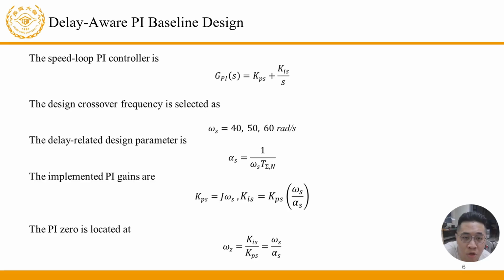One important point is that the PI controller introduces a zero in the system. This zero can help speed up the response, but at the same time, it may cause overshoot when the speed command changes. This is why we later consider the IP controller.